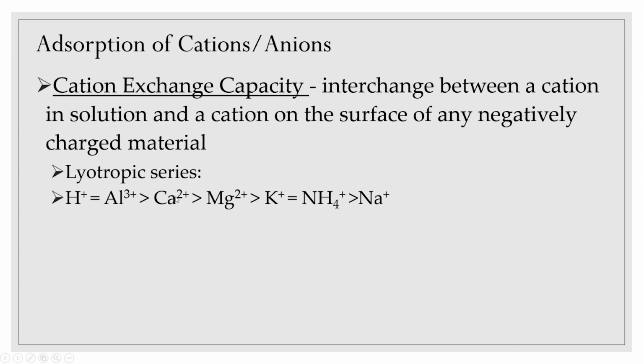Next, calcium. Calcium will be the next greatest cation that is held to the soil colloid. What that means is that it takes a lot of energy in order to displace that calcium. Next, we have magnesium 2 plus.